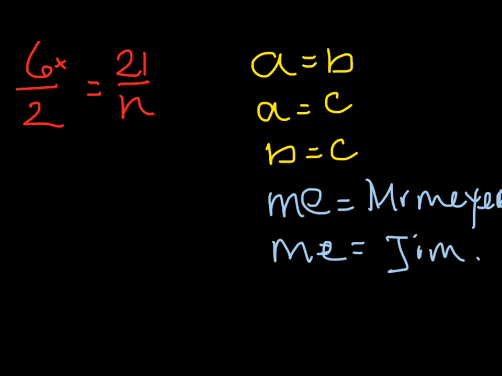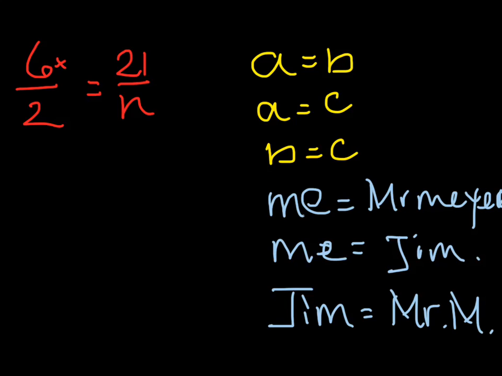Those statements are both true. And from this, we can figure out that this guy, Jim, is also known as Mr. Meyer. That makes sense, right? If A equals this and A also equals this, then those two things must be the same. And we can apply that same reasoning to this.